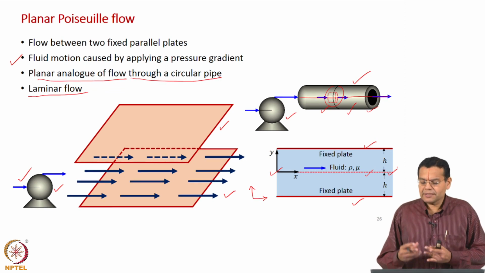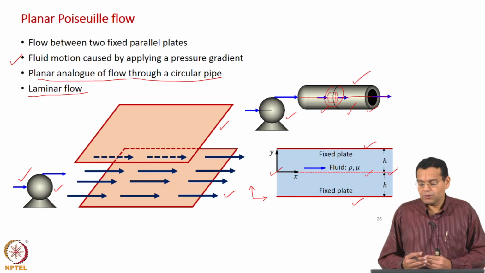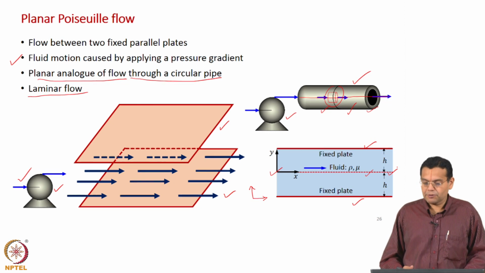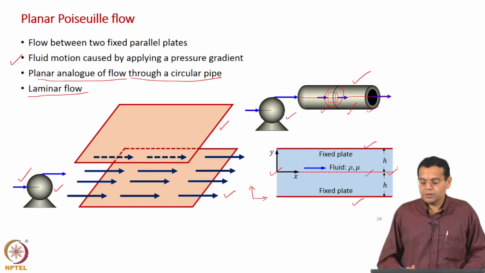And so, in fact, in terms of expression it looks almost similar; whatever expression we are now going to derive for the velocity profile for this flow between the two parallel plates will be similar to the velocity profile we would derive for flow through a circular pipe.